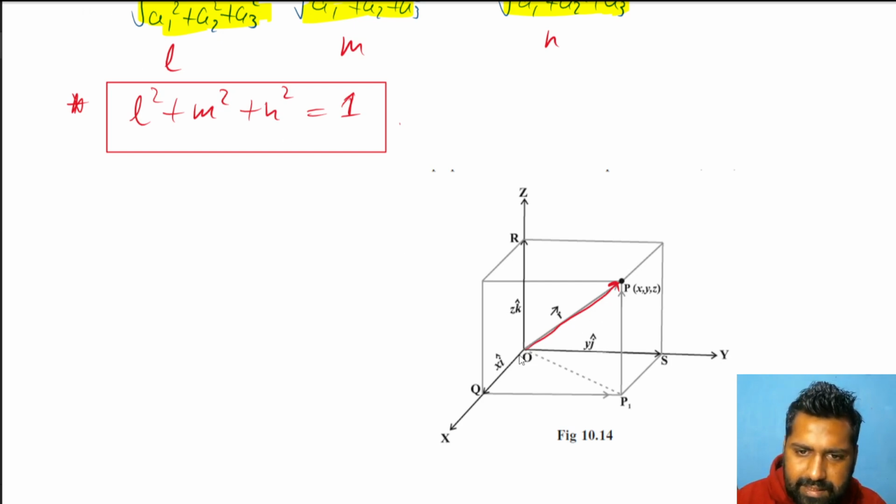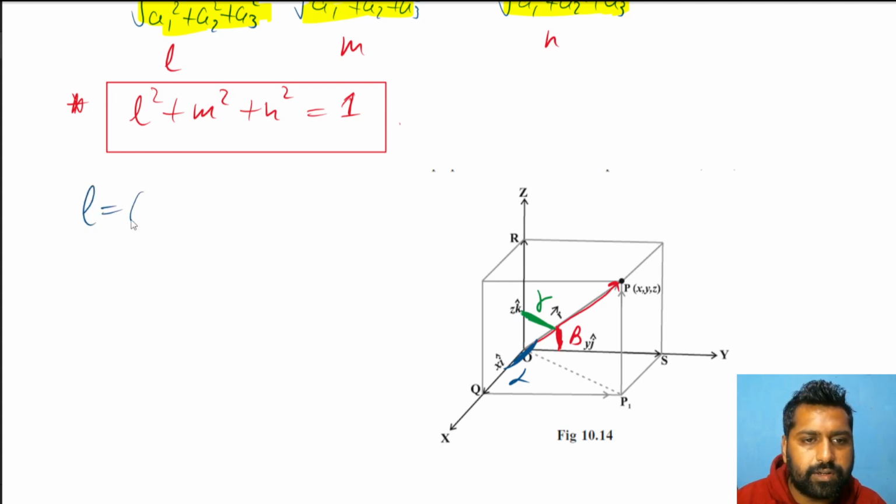So this line will make some angle with the x-axis, let's say alpha. It will make some angle with the y-axis, let's say beta, and it makes some angle with the z-axis, gamma.